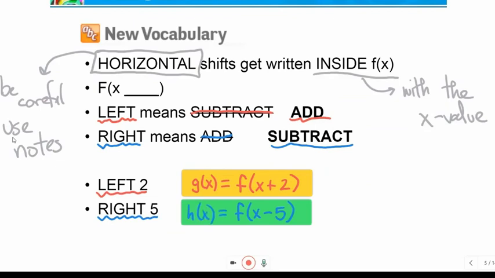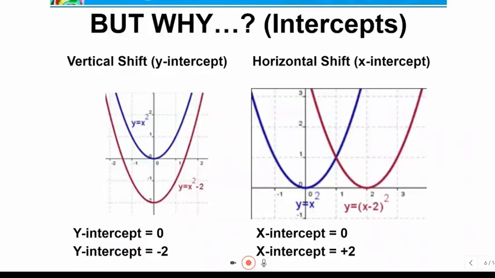So this is the one that usually trips people up, which means this is the one you might want to put a little extra thought into when you're doing these problems. Why does this happen? It's all based on intercepts. For a vertical shift, your parent function, y equals x squared, has a y-intercept of 0.